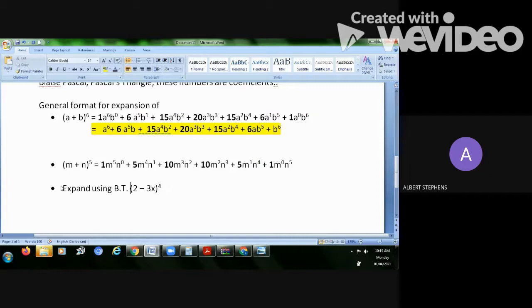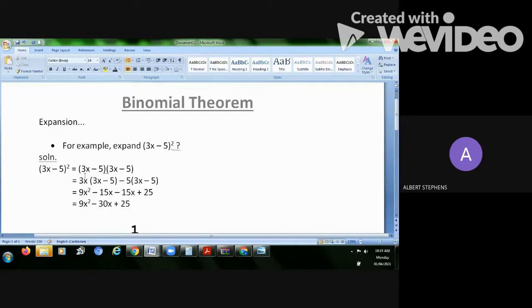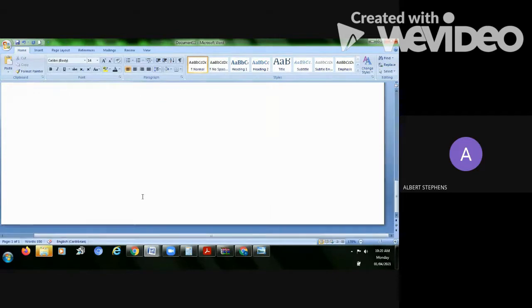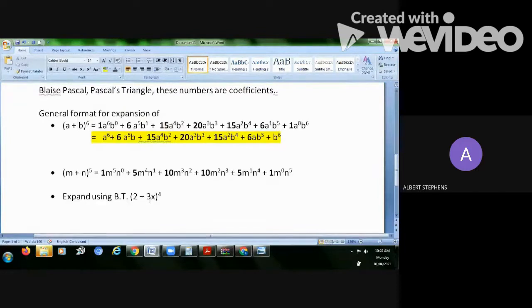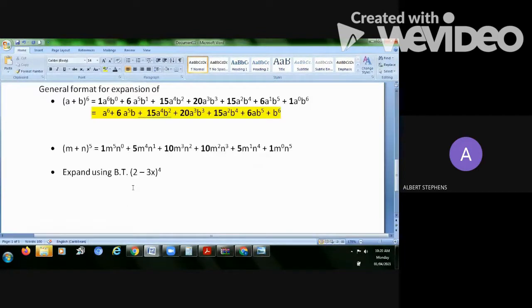They have to tell you that, right? Because you can actually just write out four of them in a row and do it the same way we were doing a while ago, not true? So they don't want you to do the regular expansion. They want you to use what? The binomial theorem.